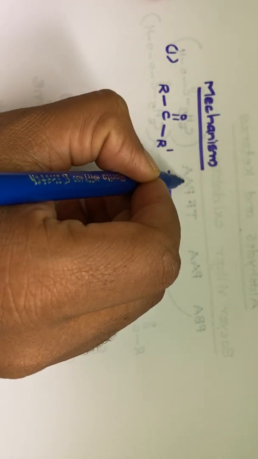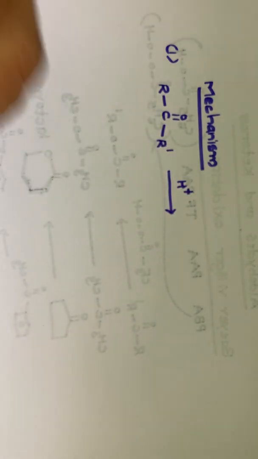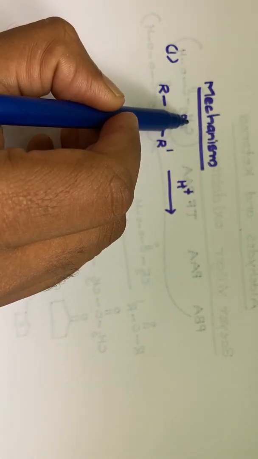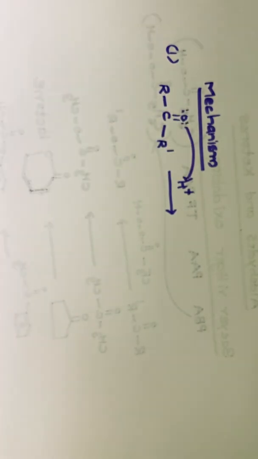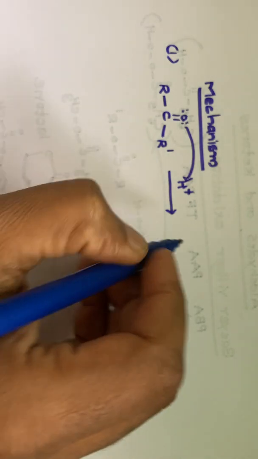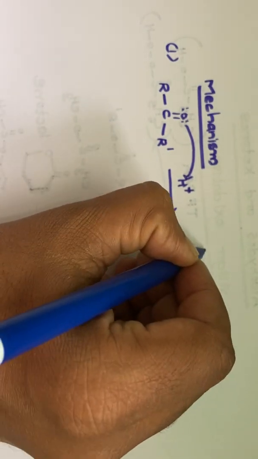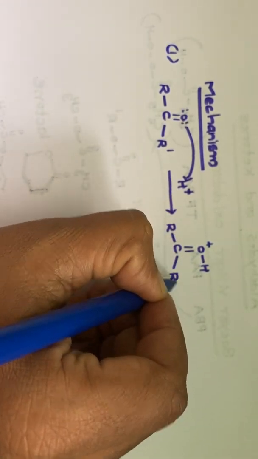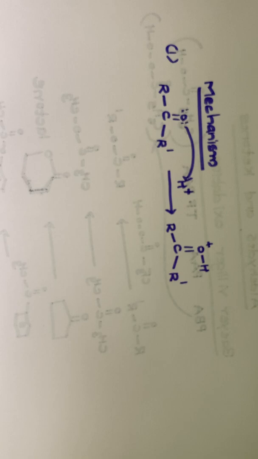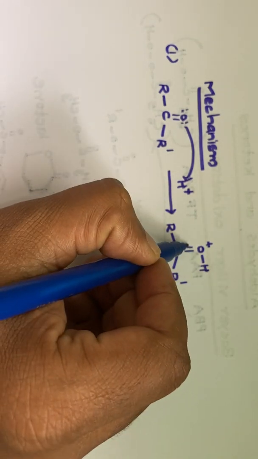The reaction is carried out in acidic medium. Protonation of this oxygen takes place. Oxygen contains lone pair of electrons. So first the protonation of oxygen takes place. R, C, double bond O, R dash, plus H plus gives OH. Oxygen has a positive charge.